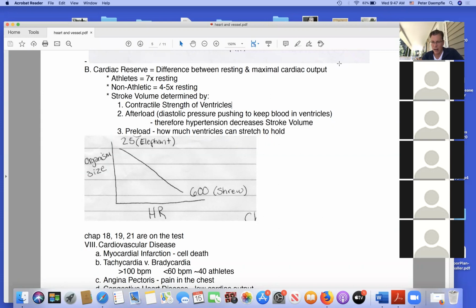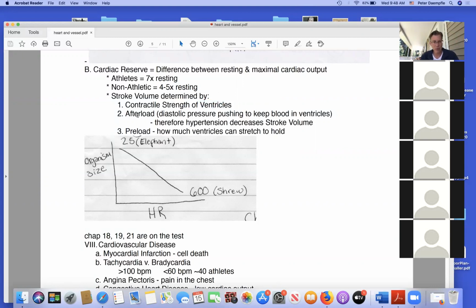Your ejection fraction is how much is pumped out of the left ventricle per beat. Let me repeat, that's a determination of how efficient your heart is. The more you pump out, the better off your heart is functioning because it's getting everything out. That is a strong indicator for the contractile strength of your heart. How strong are your heart ventricles? And the ventricles do most of the pumping. Keep that in mind, everyone. The atria just receive. They do a little bit of pumping, but they just receive.